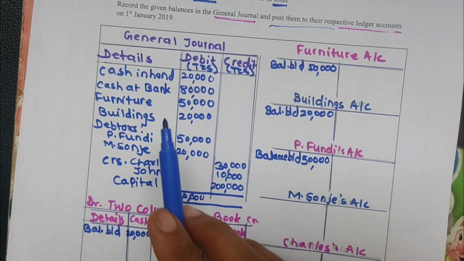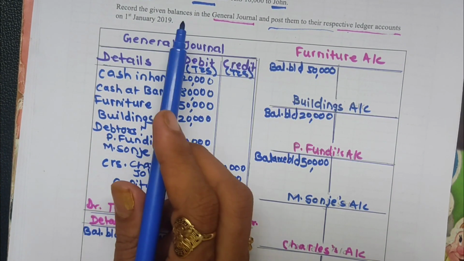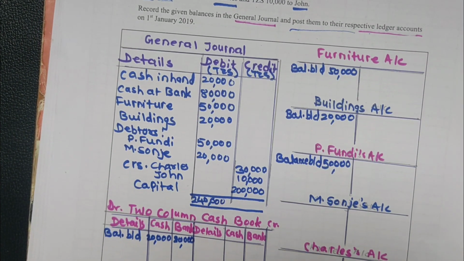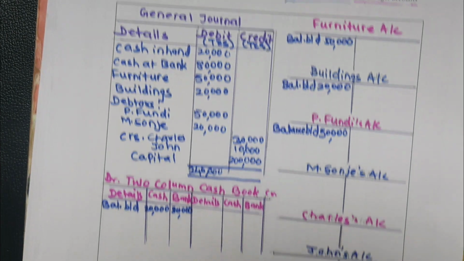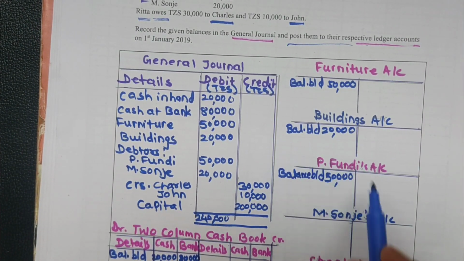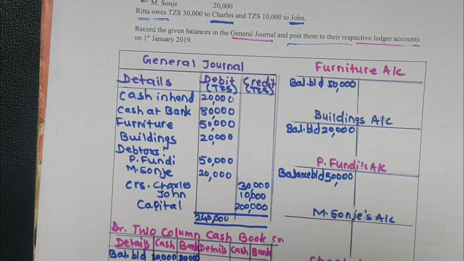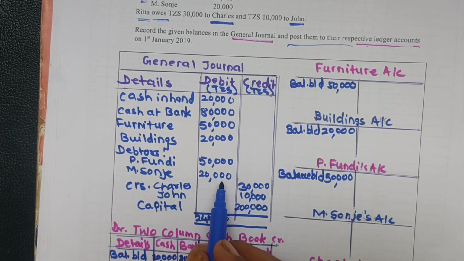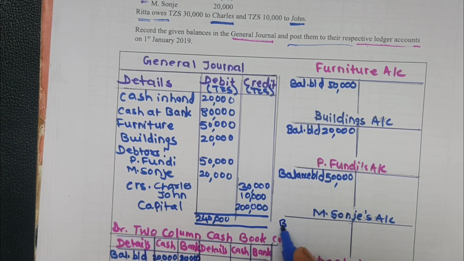In the date column you can even write the date 1st January 2019. As there is less space, and to show all this on one page, I have not prepared the full format, so you can draw it properly. For M Sonje, how much? 20,000. So balance brought down again on the debit side.